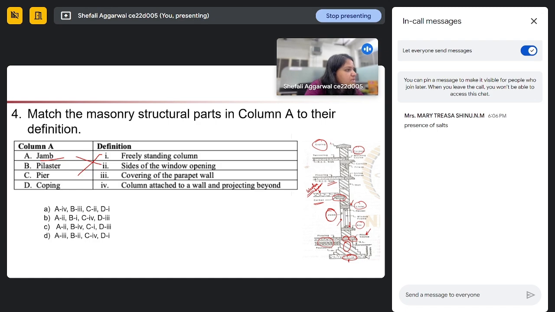Coping is the covering of the parapet wall. The remaining one, pilaster, is a column attached to the wall and projecting beyond it, so it is not given here. So the correct option is A2, B4, C1 and D3.